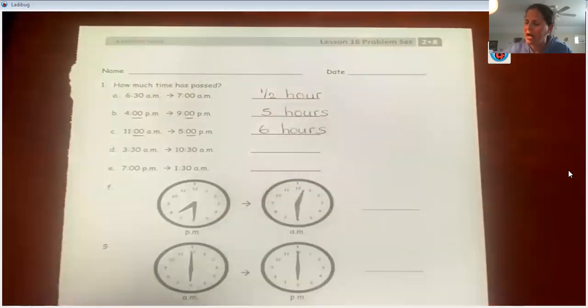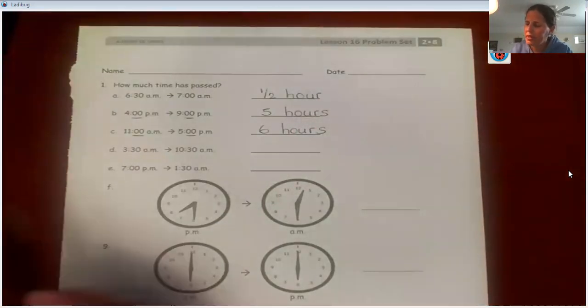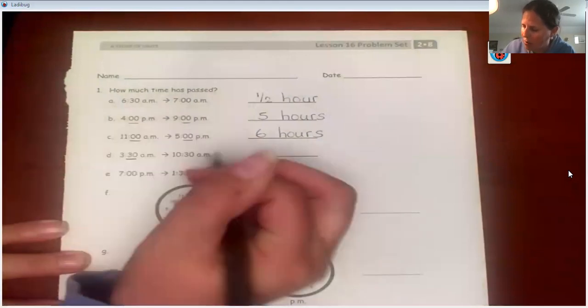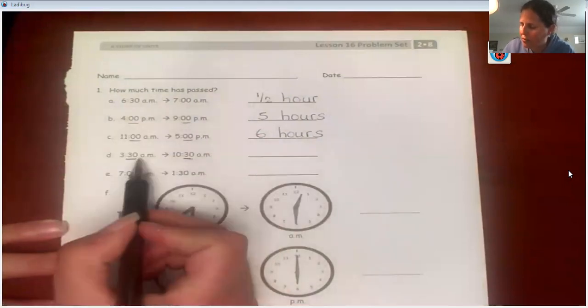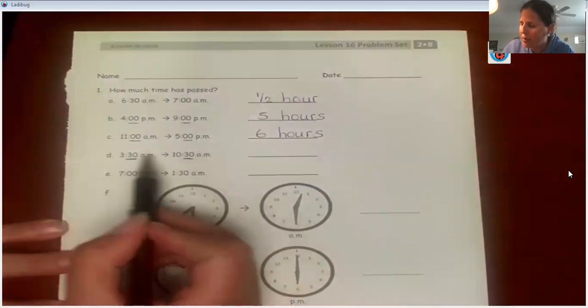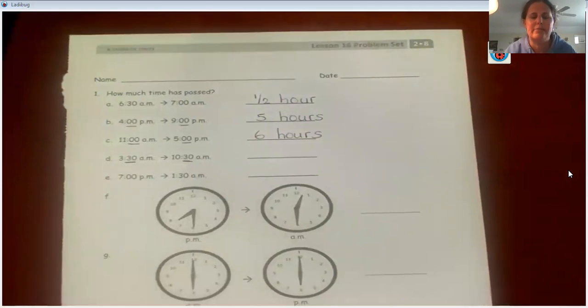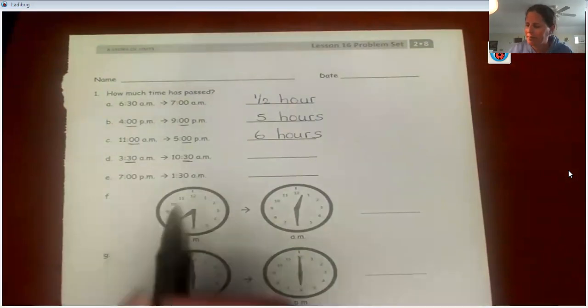to 5 o'clock p.m. Okay, letter D are times on the half hour. So they're both a.m. times and they're both on the half hour. So I'm going from 3:30 a.m., that's in the middle of the night, we would be in a deep, deep sleep, to 10:30 a.m., which would be like the middle of our morning.